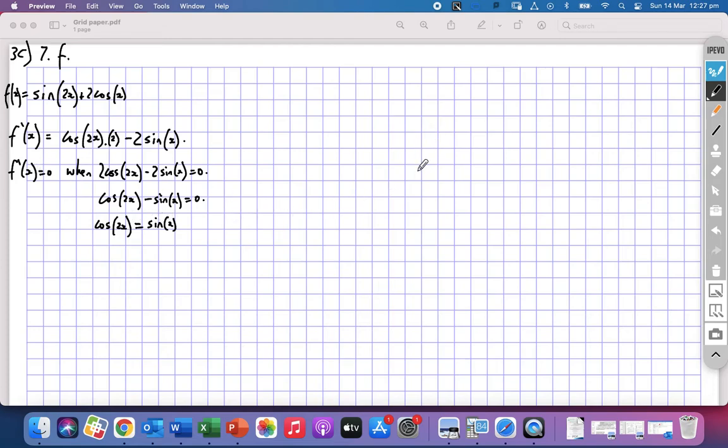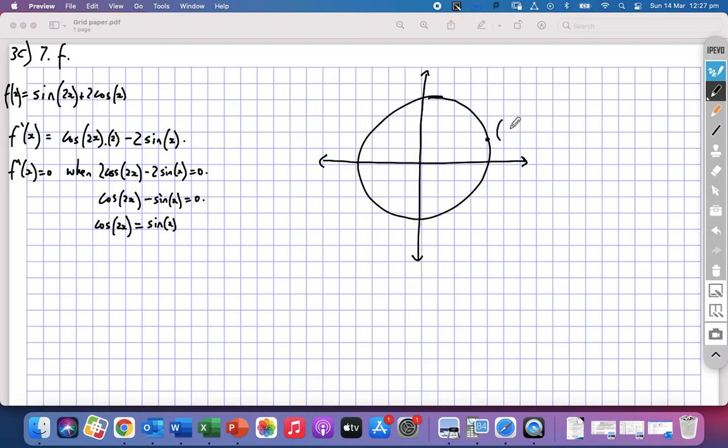Now, I'm going to draw a unit circle because in quadrant 1, I think there's a point that stands out pretty clearly. However, there's 3, right? So in one revolution of a circle, this happens 3 times. Now, here's the first one. Right, there's your pi on 3.